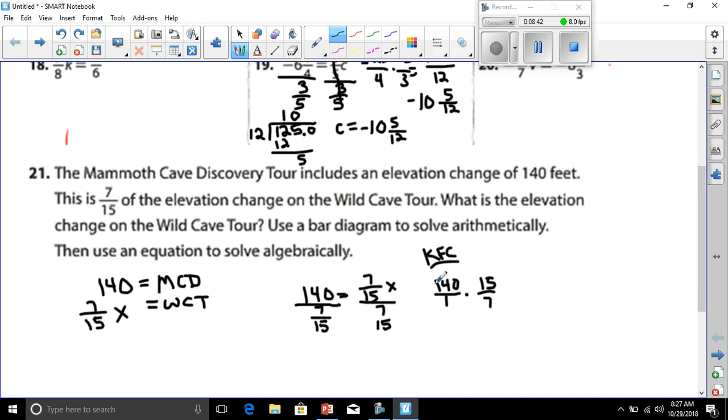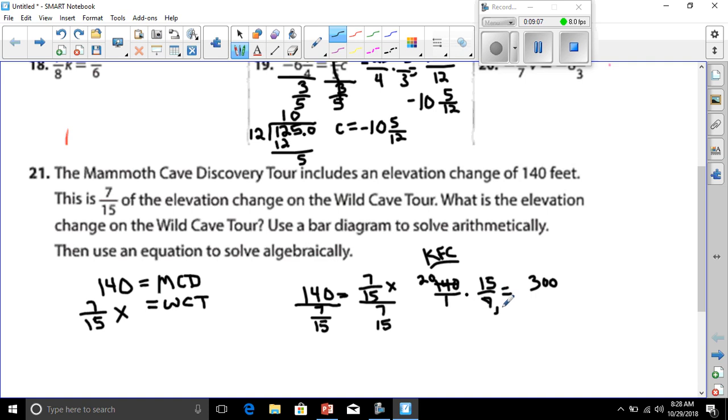Well, I know that 7 goes into 14 twice. So that means one of these 7s is going to go into this 20 times. And now I have 20 times 15. Well, 2 times 15 is 30. And since it was 20, we're going to have to add another 0. That means it's 300.